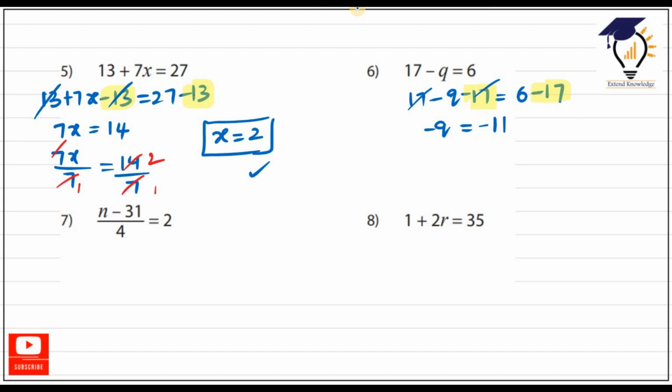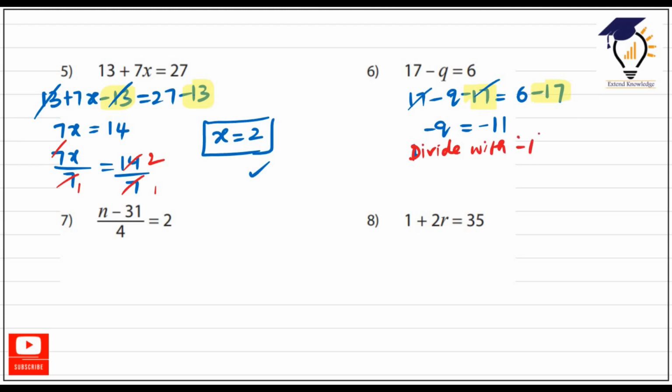But we can see that the variable must be positive. So here you can see the variable is negative. So to make it positive, we have to multiply both sides with negative 1, or we can divide with negative 1. Both are fine. What I'm doing here is I'll divide with negative 1 on either side.